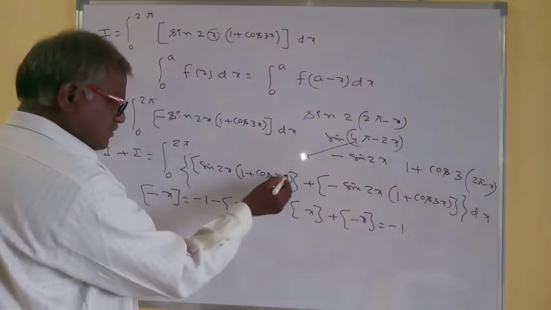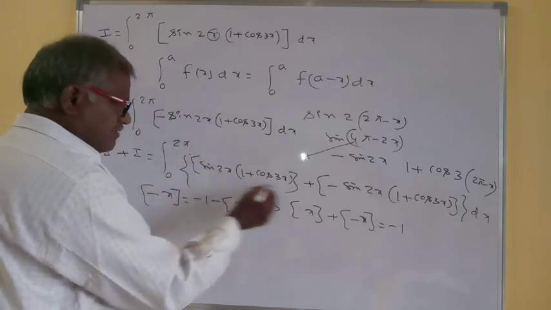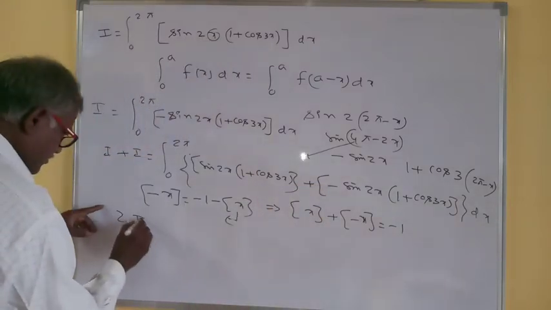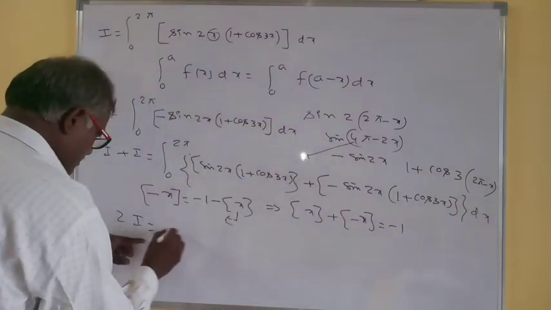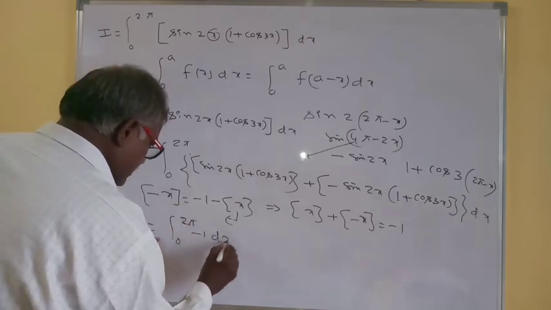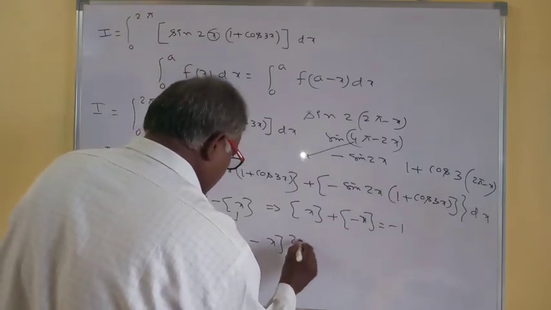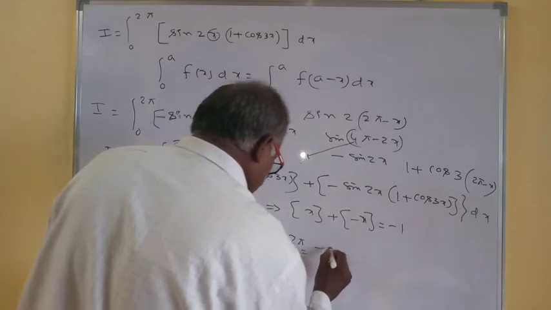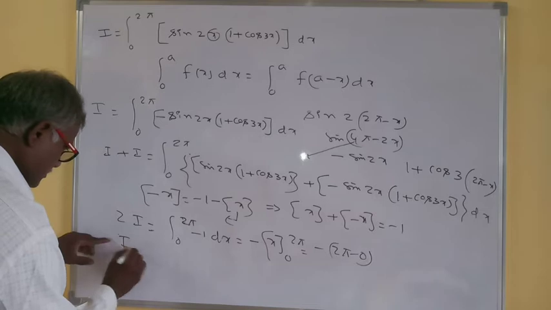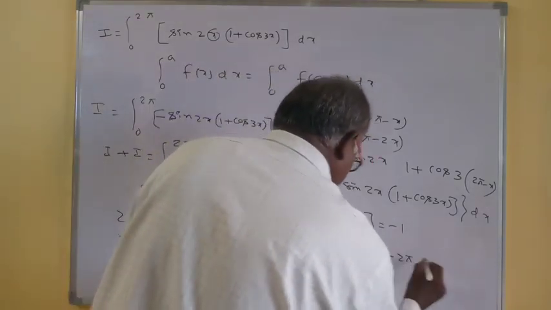Considering the whole thing as x, the sum becomes minus 1. So the integral from 0 to 2 pi of minus 1 dx is minus x, which is minus of 2 pi minus 0, that is minus 2 pi.